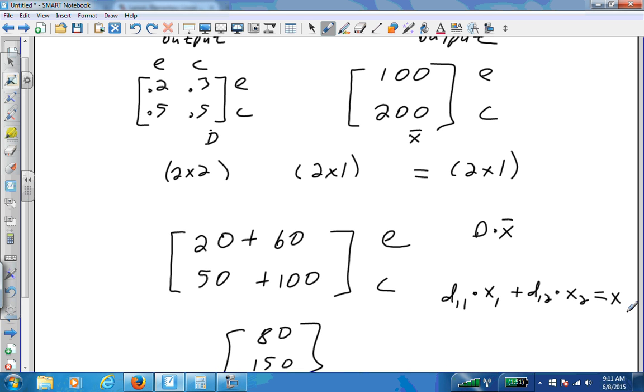That's how much electricity we need to output in order to generate what's demanded of us. So then we take the next one, row 2, column 1 times x1, row 2, column 2 times x2, and that'll give us our new x sub 2.